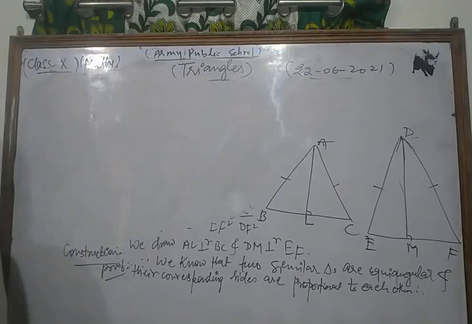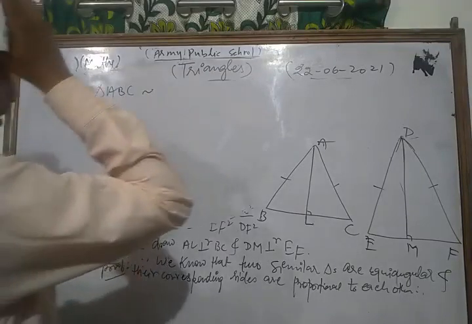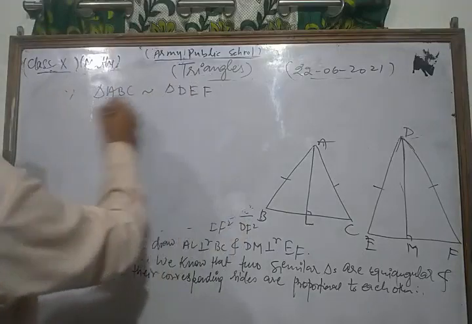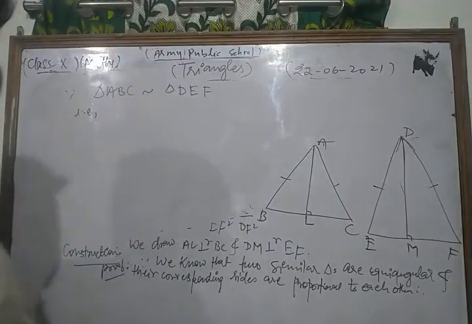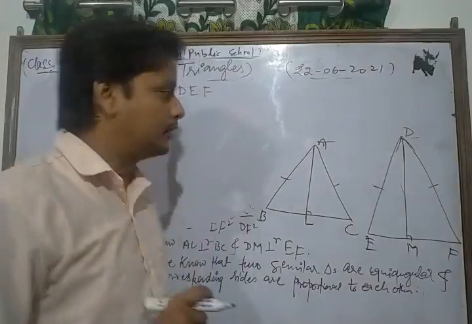Now dear friends, since triangle ABC is similar to triangle DEF, its corresponding angles are equal as well as their corresponding sides are proportional to each other.